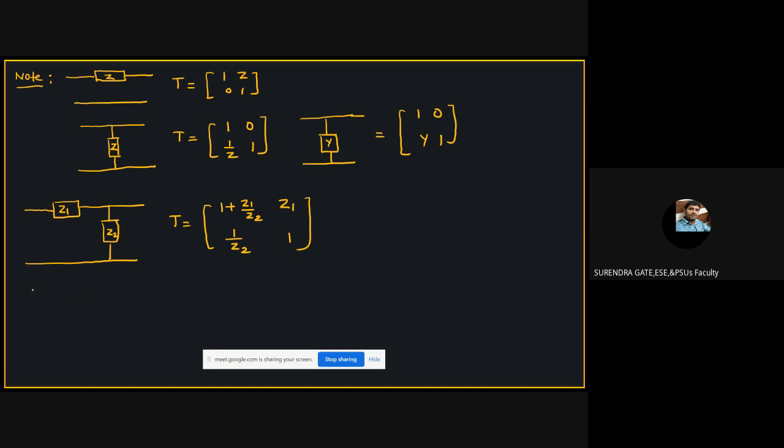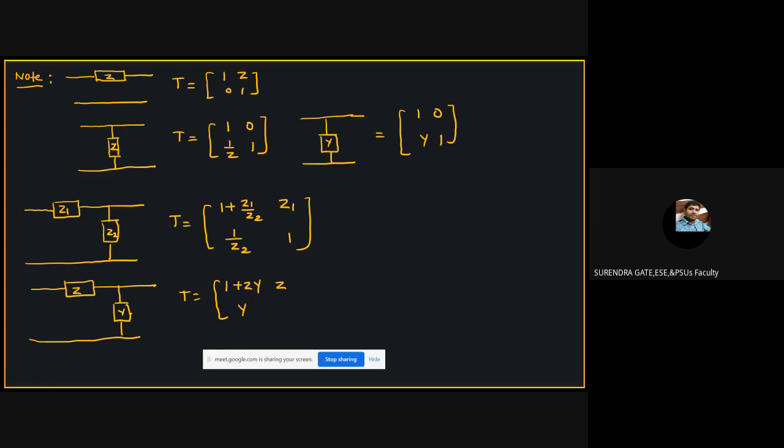For example, this is the Z and this is the Y. Then how to write this one, students? Then T equals 1 plus ZY, Z, Y, 1.